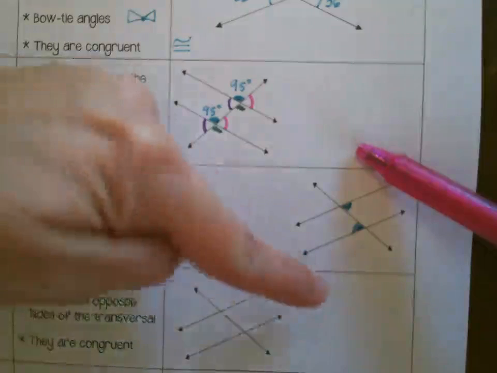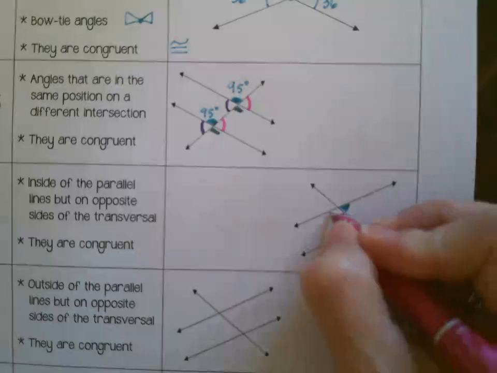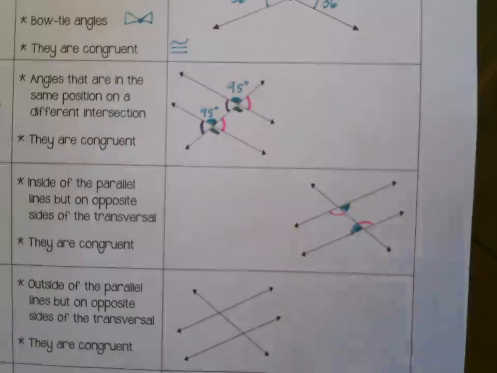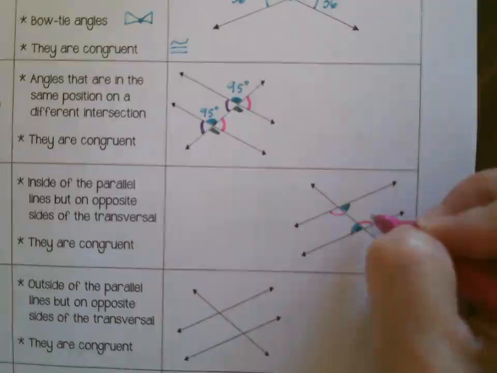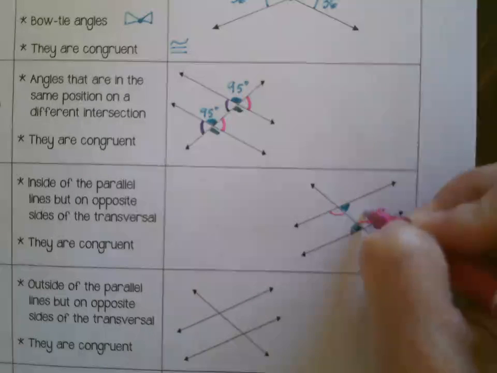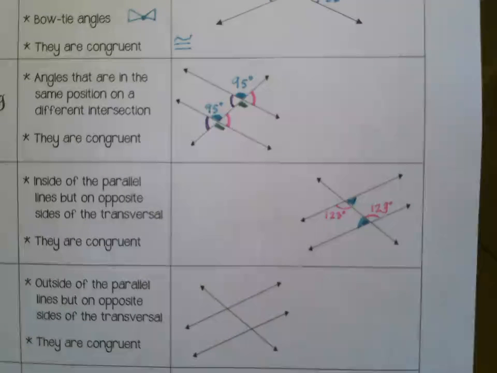So one is on this side, one is on that side, but they're both inside of the parallel lines. And then here's another set right there. And again, those are congruent. So if I told you that this was 123 degrees, I know that this one is also 123 degrees.